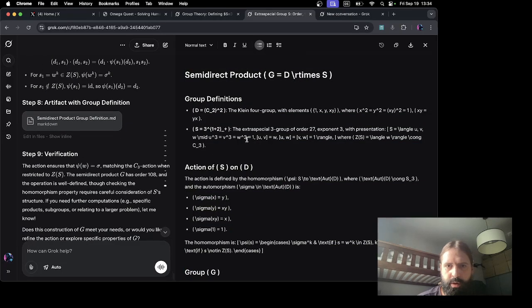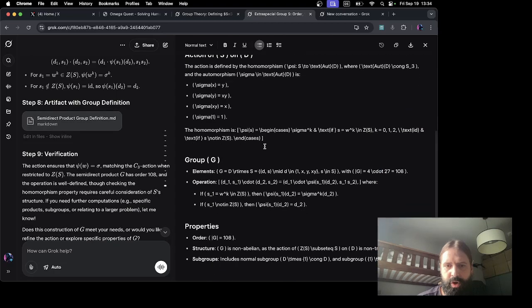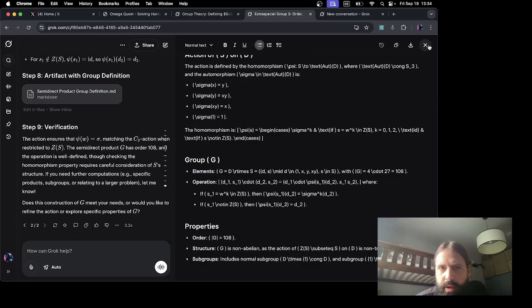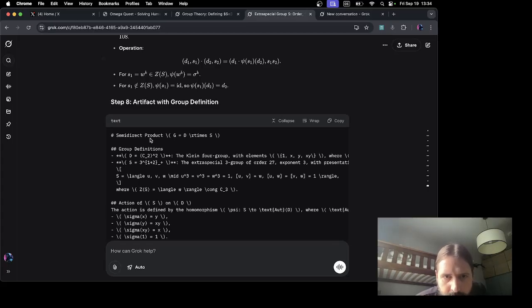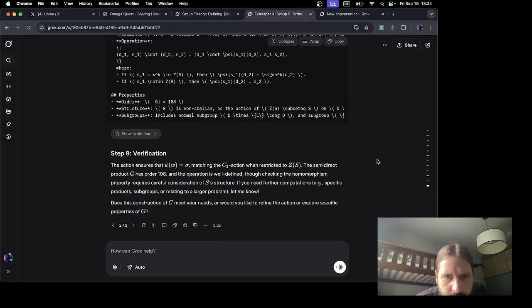Artifact and group definition, actions of S and D. Group G properties: G is non-abelian as the action is non-trivial, and it includes the normal subgroup D. Okay, let's close this for a second. So we've generated a file. That's all good. Now the action, as a semi-direct product, is order 108. Well defined, checking the homomorphism. Yes.